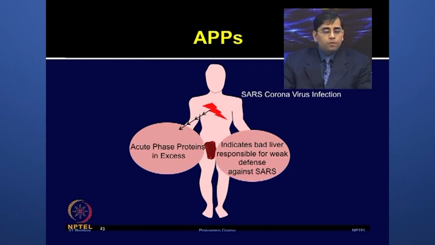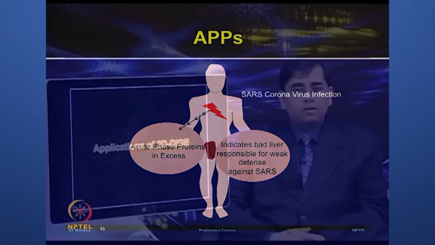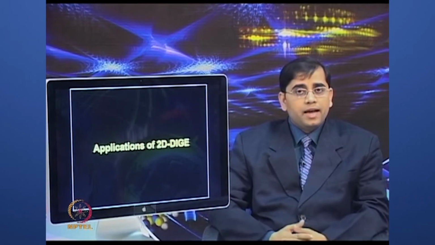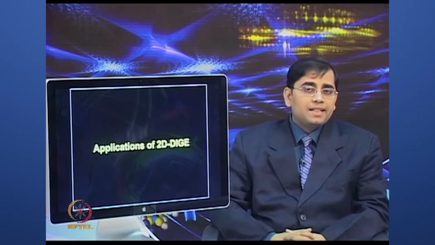So, some of this information the authors were able to obtain because of the proteomic analysis of these plasma samples obtained from SARS patients. After discussing 2 case studies, one on the action of different drugs on the malaria parasite, and the other on the plasma proteome alteration due to the SARS infection.